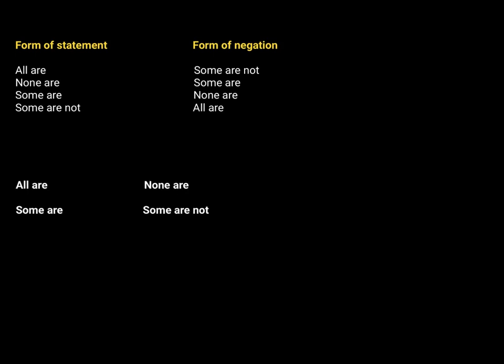Now, this little diagram may be helpful for us to help remember statements and their negation. If the statement is all are, then its negation is some are not. If the statement is some are, the negation is none are. So the quantifiers diagonally opposite each other are the negations of each other. Okay, so maybe this might be helpful.